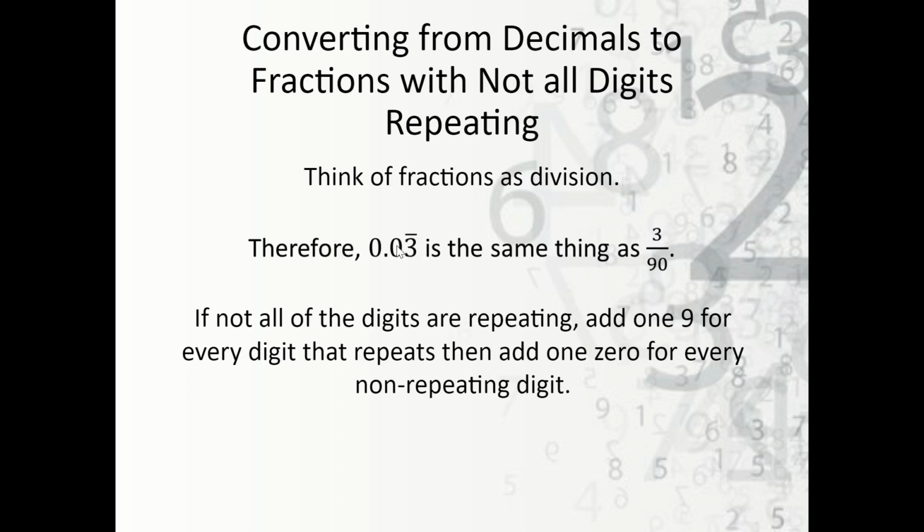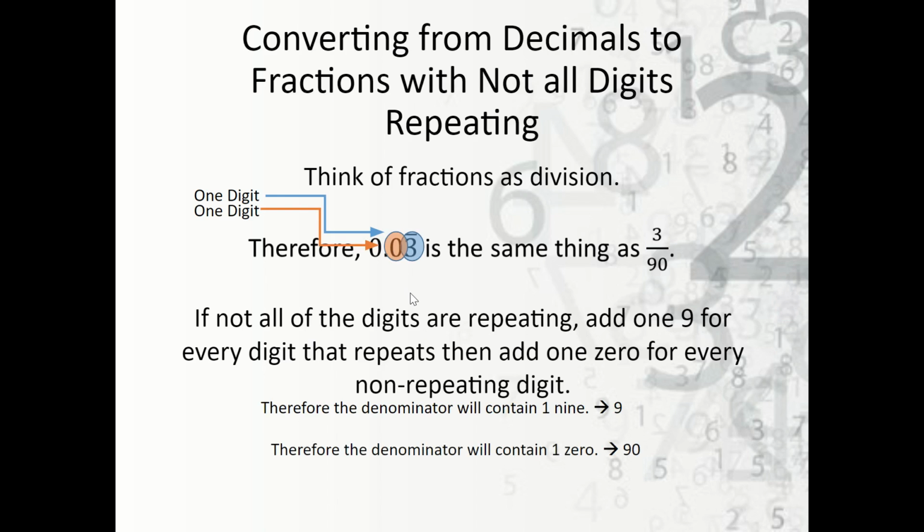In this case, we have one digit repeating, so we're going to include a 9, and we have one digit that is not repeating, so we're going to include a 0. So it becomes 9 and then 0. Then we just keep whatever's here, so that's 3, so that becomes 3 over 90.